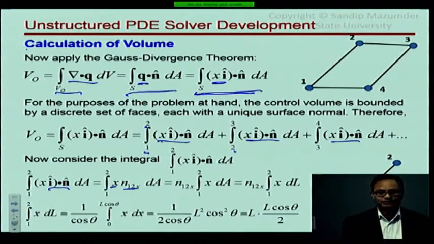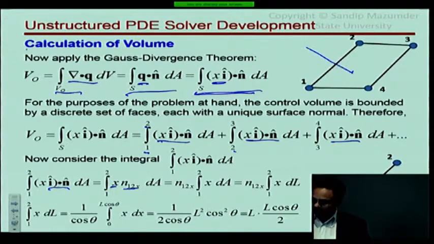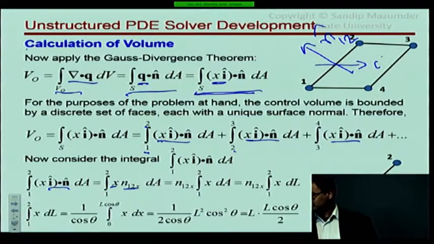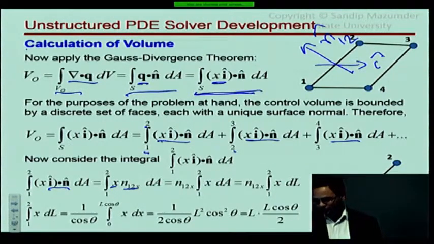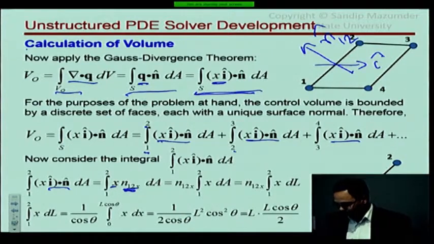So here is my surface normal n. This is n12. If I take n dot i, with i pointing this way, I get the x component of the surface normal, which is what this is.